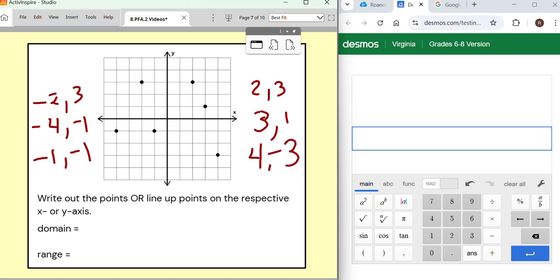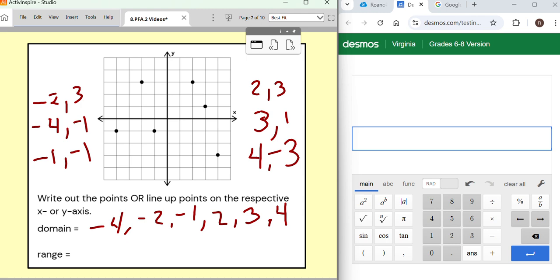So if you want your domain, that would be -4. I'm going to put them in ascending order. These are the X values. -2, -1, 2, 3, and 4.